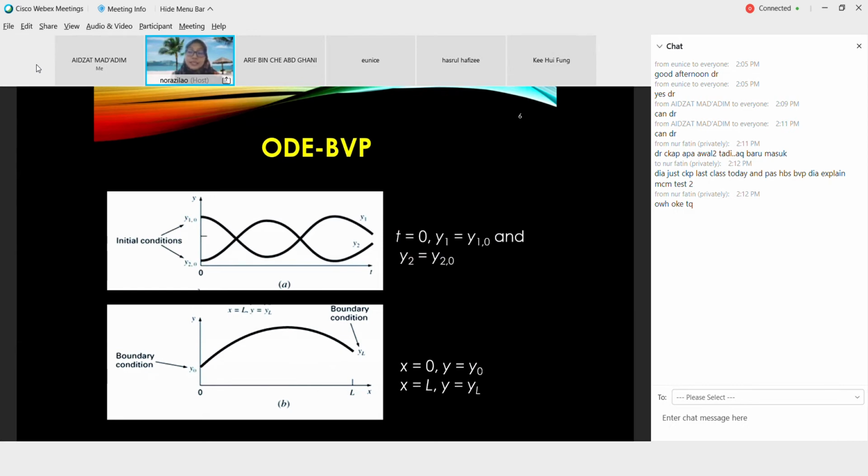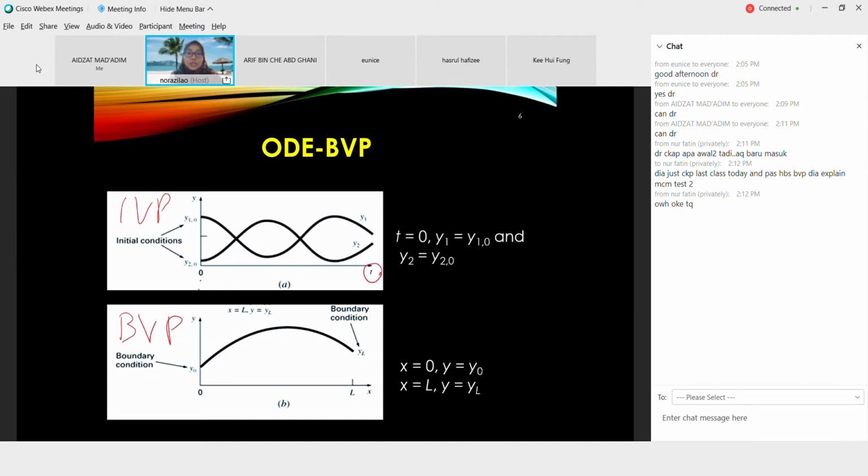So this is the schematic diagram of how we want to understand the ODE BVP. The first figure shows the initial condition only. This is IVP. This is BVP. For IVP, we know that this is the time.